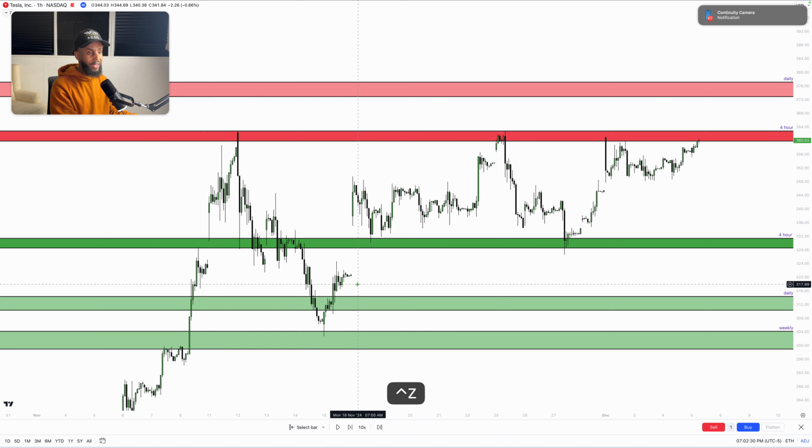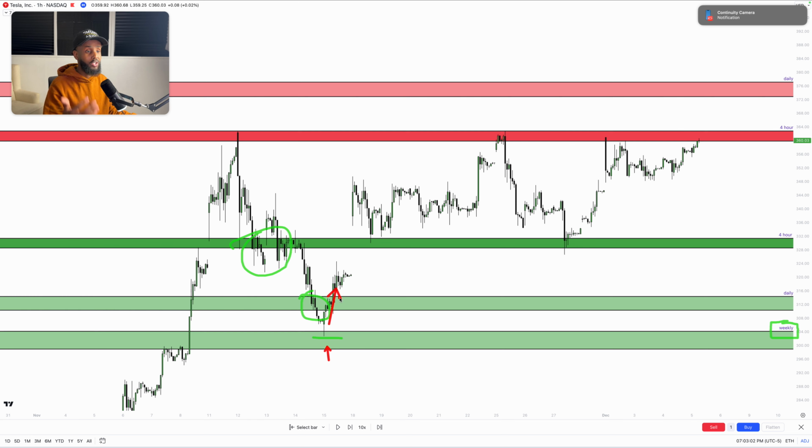If we look at Tesla earlier, we can see this thing broke the 4-hour level and it broke the daily level. So I wouldn't be looking for long positions back during these times. But then we see Tesla comes to the weekly level and finds support at the weekly level.